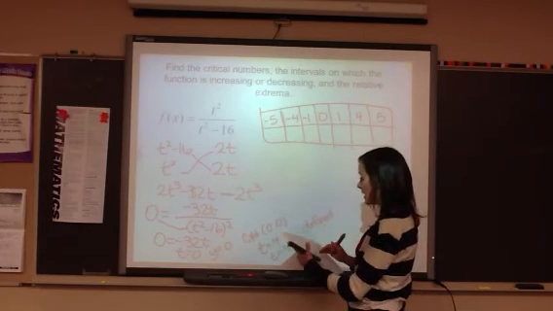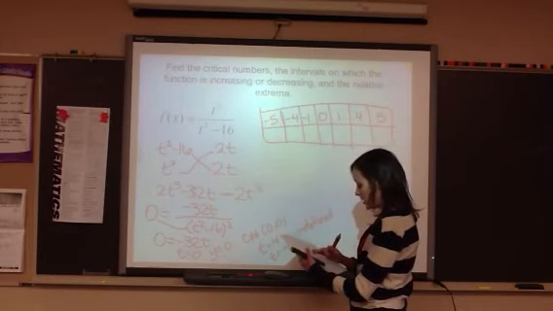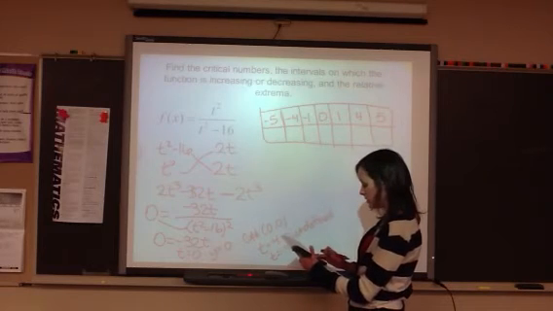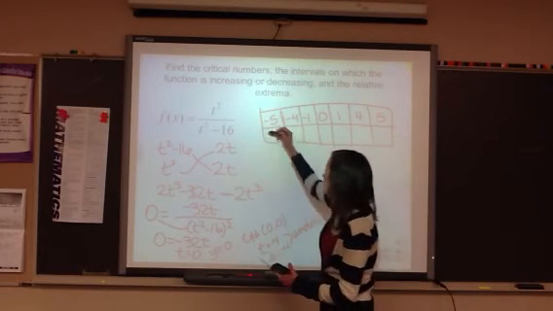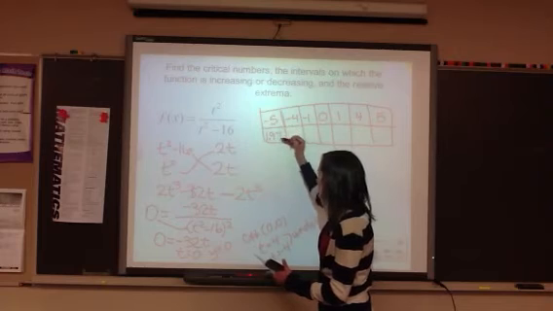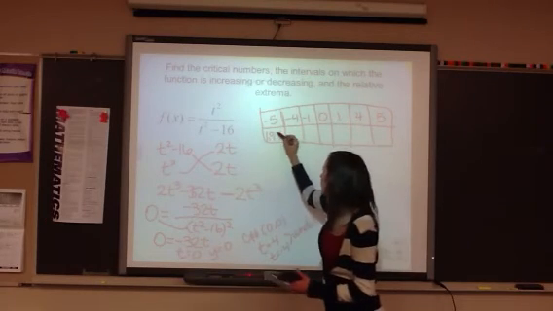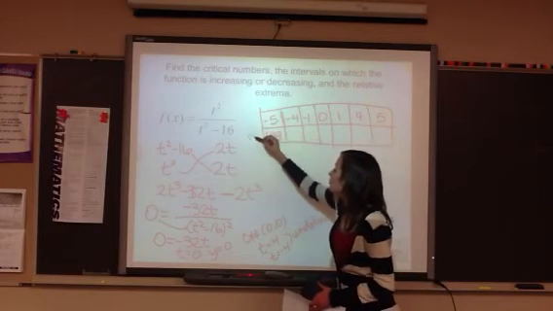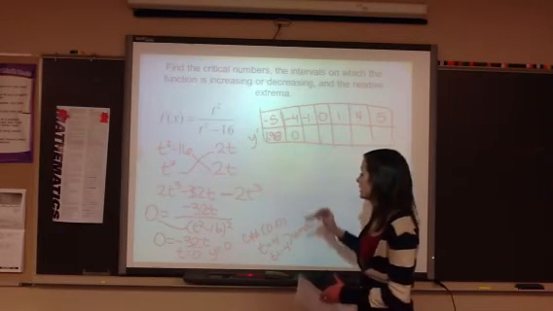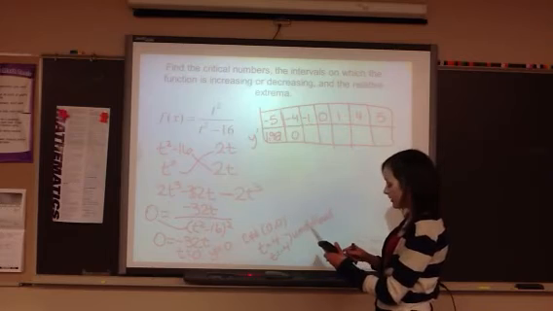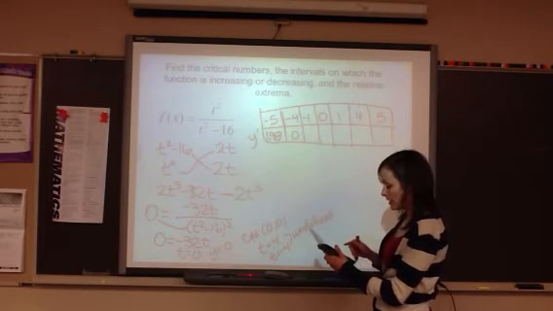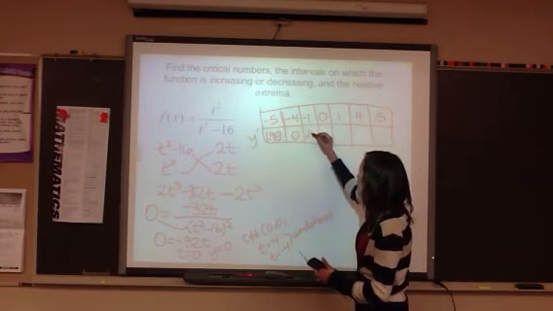And when you plug in -5 to your derivative, you get 1.98, sorry, I rounded wrong. When you plug in -4 to your derivative, you get 0. When you plug in -1 to your derivative, you get 0.14.